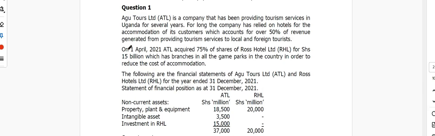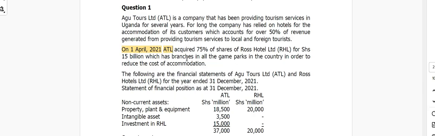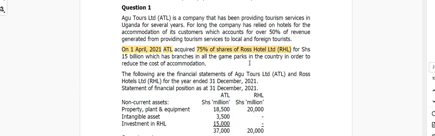This is our acquisition date. This is our parent, ATL. It acquired 75% of the shares of Ross Hotel Limited. So now we have the parent as well as the subsidiary.